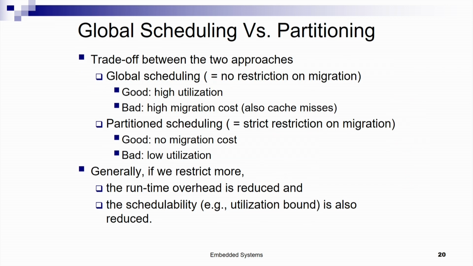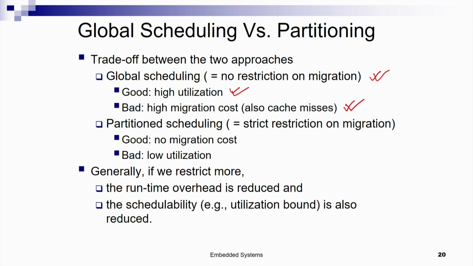If we just see the pros and cons of global scheduling versus partition scheduling, we see that global scheduling has no restriction on migrations and it allows good resource utilization, as we saw. In the last slide, we saw that it allows 100% utilization of the processors. It is bad in terms of high migration cost and also cache misses. Why?